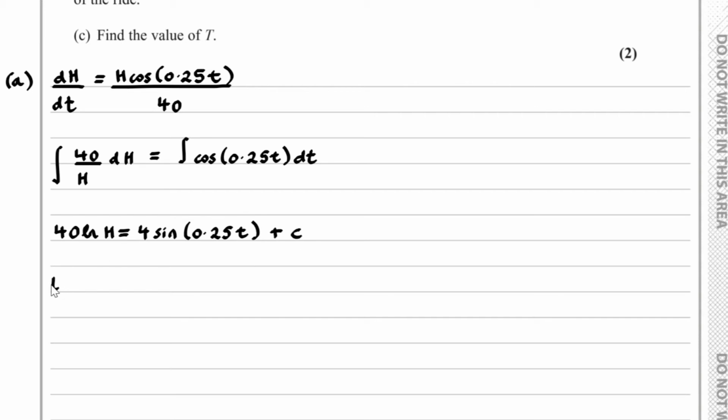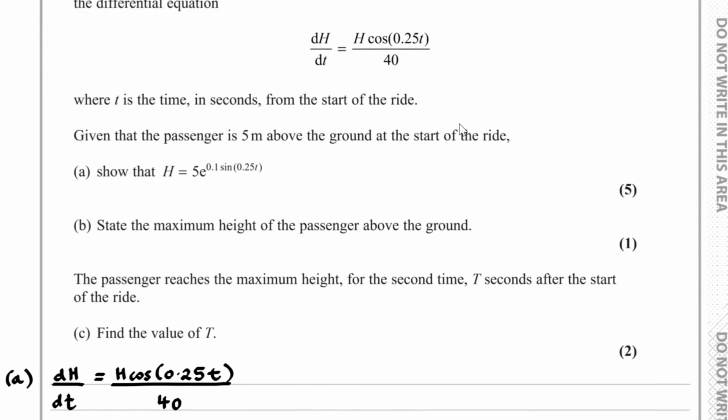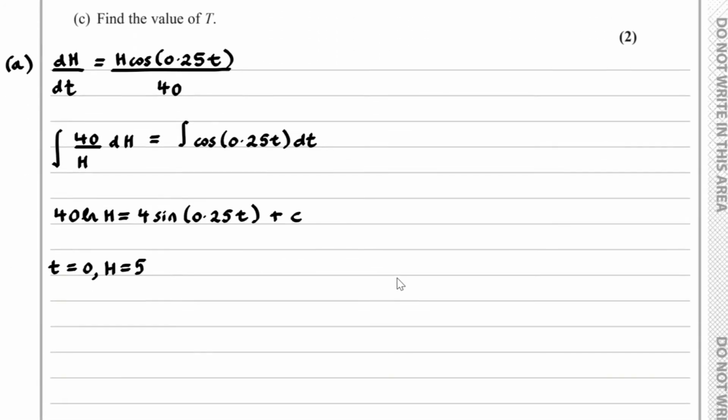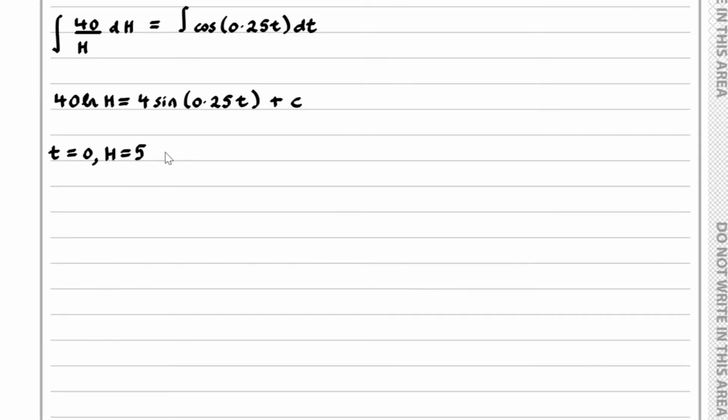Now I know that when t equals 0, h is equal to 5, and the reason for that is we're given that the passenger is 5 meters above the ground at the start of the ride. And so, using this, on the left hand side we have 40 times the natural log of 5. That's equal to, well, the sine of 0 will be 0, and multiplying that by 4, we get 0, and then we add on c.